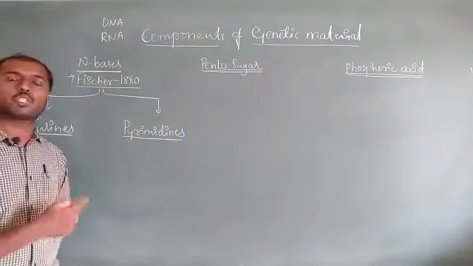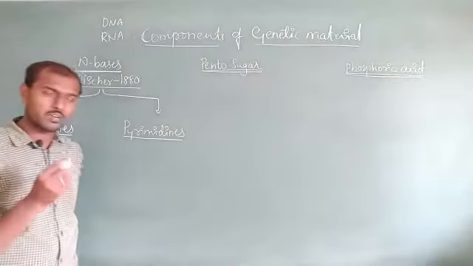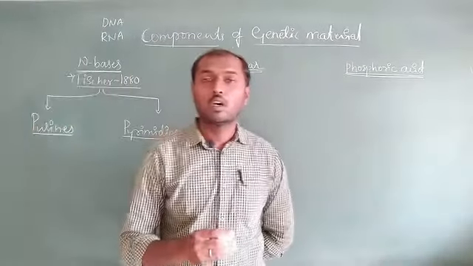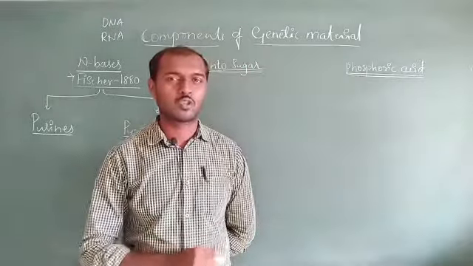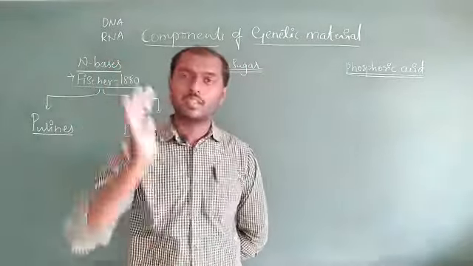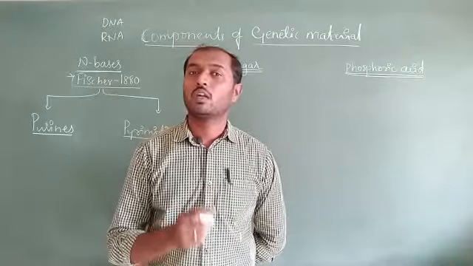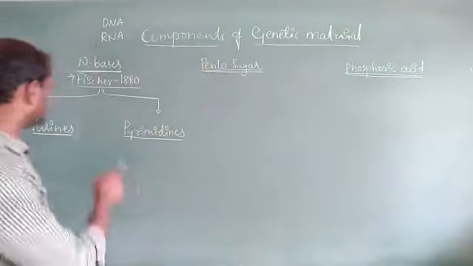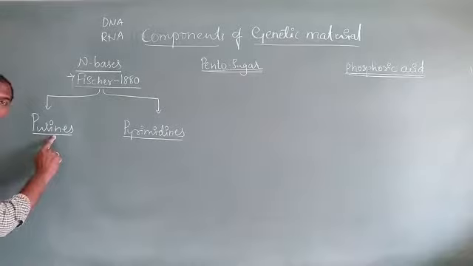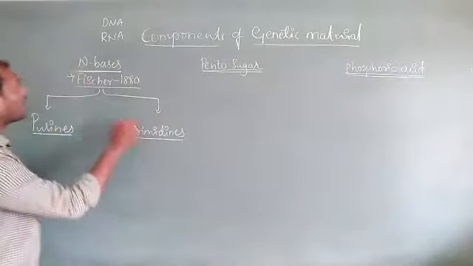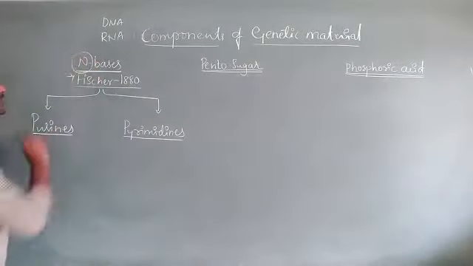So the first thing to discuss here is the meaning of nitrogen base. Why is it called a nitrogen base? Nitrogen base means that purines and pyrimidines have nitrogen in their structure.